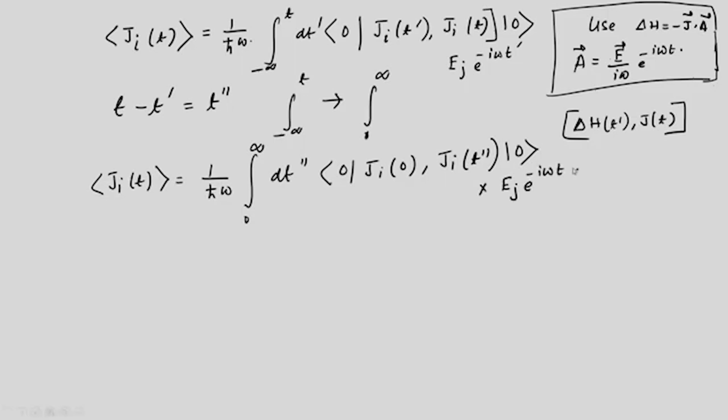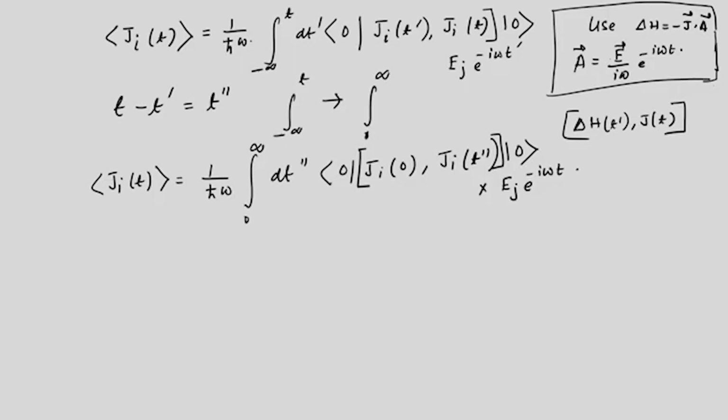Okay. So this is a commutator. We should not forget that this is a commutator, of J^I at 0 and J^I at some t double prime. So the only time dependence is coming as a harmonic function, exponential of i omega t, and so on.